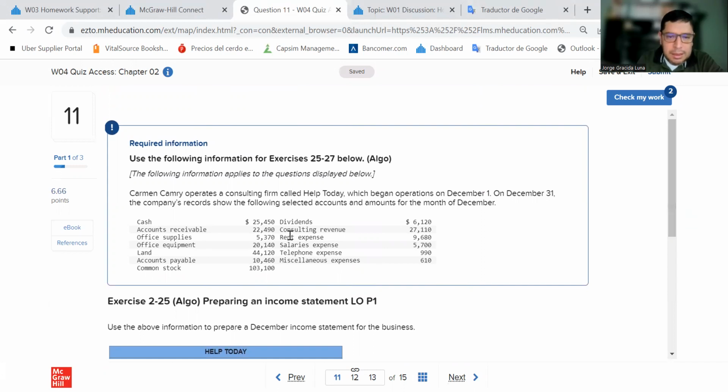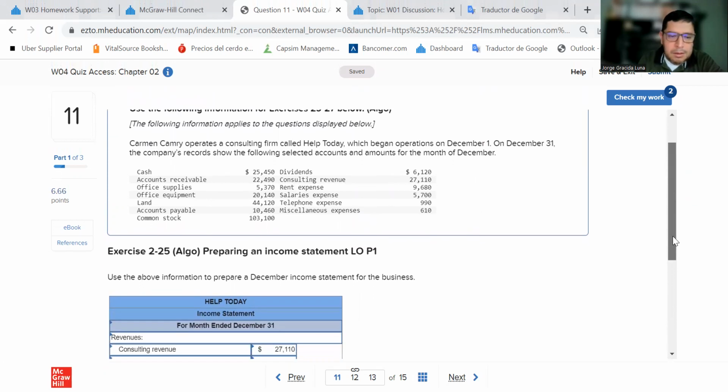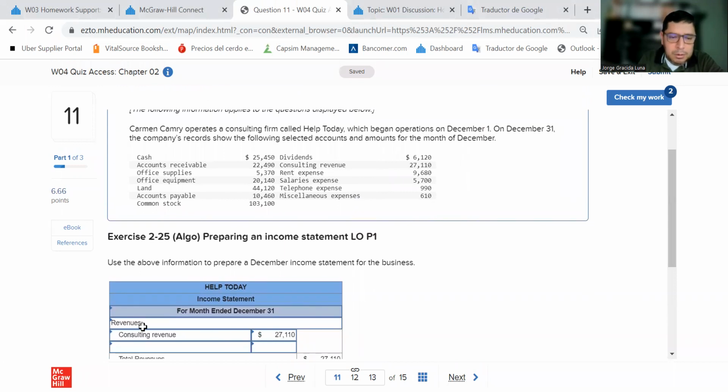So here we have the first account, consulting revenue, for 27,110. So here we can put revenues and then consulting revenue for 27,110.